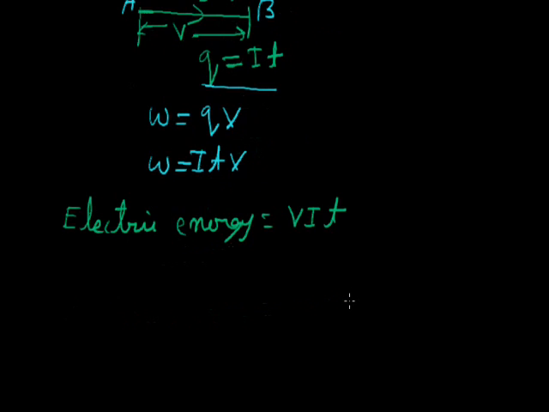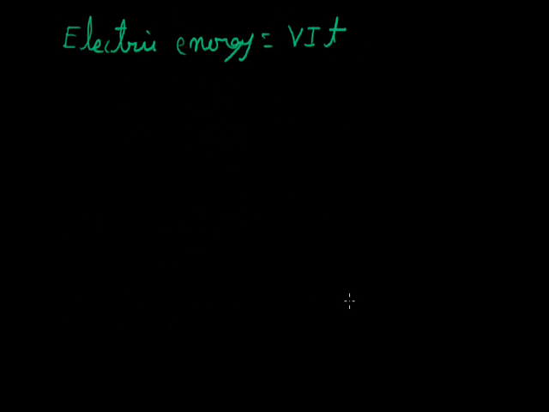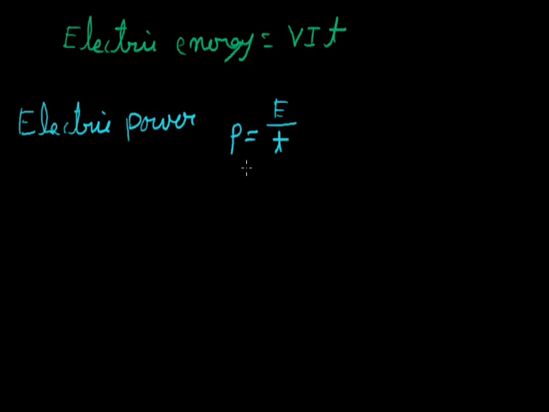Similarly, we can also represent electric power. In electric power, the amount of energy consumed in time t, the electric power will be equal to energy upon time. And as we have calculated, energy is V I into t.